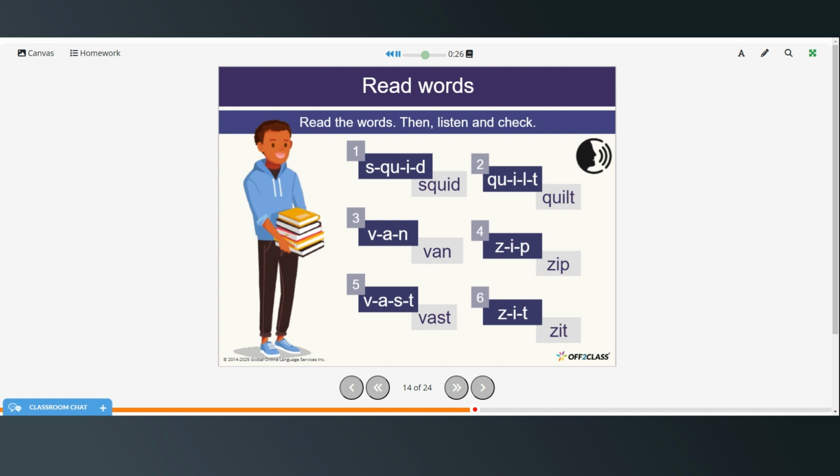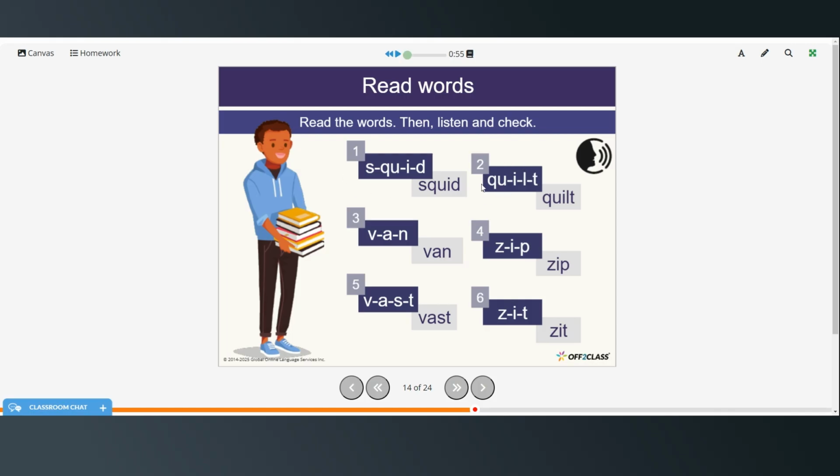Van. Z, I, p. Zip. V, a, s, t. Vast. Z, I, t. Zit. Okay, so just wanted to mention there is a mistake on this slide.